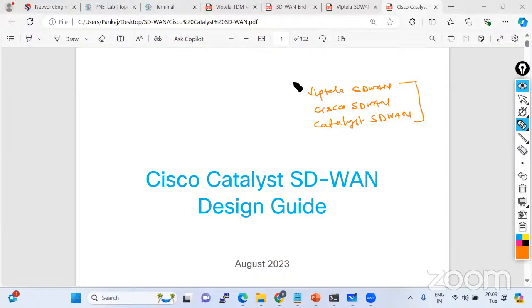If anyone asks what is the difference between all three, all are the same. No difference at all. Only there is a difference in terms of the UI, some kind of additional features. You just think about it in this way.